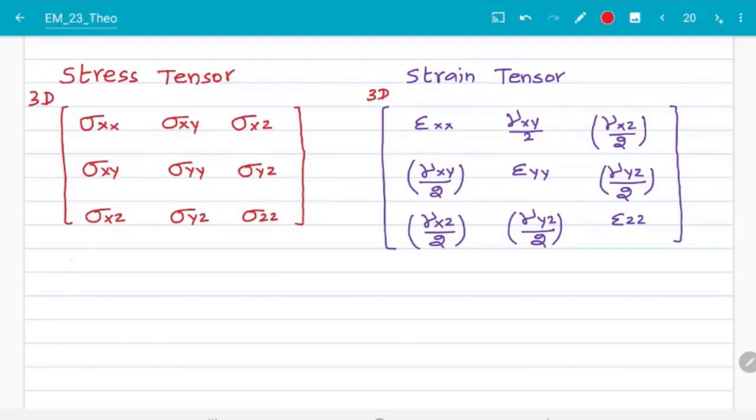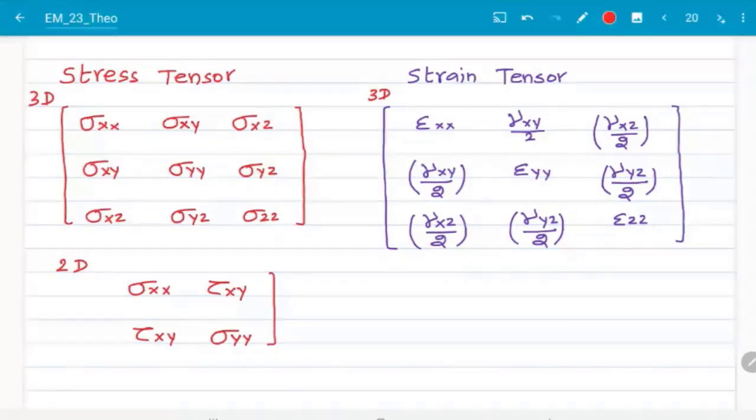For the 2D, very simple, sigma xx, sigma xy, that is tau xy. Sigma xy can be written as tau xy, sigma yy. Right. So it is our tau xz. Right.